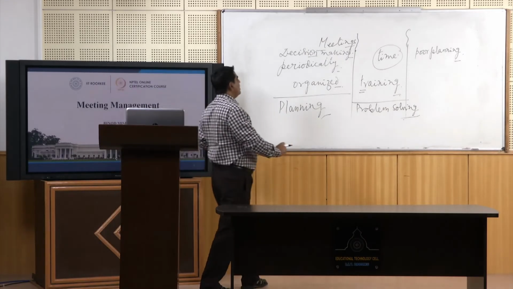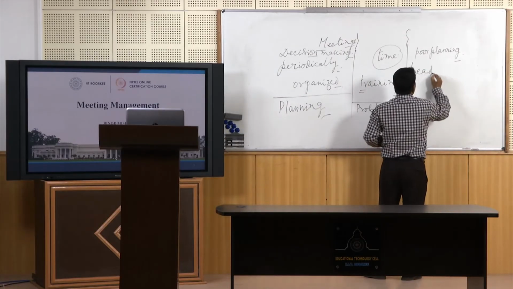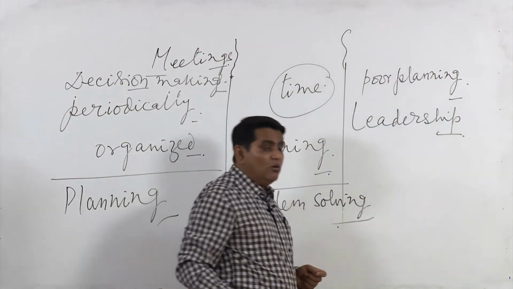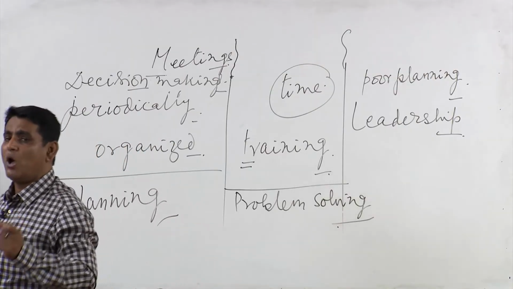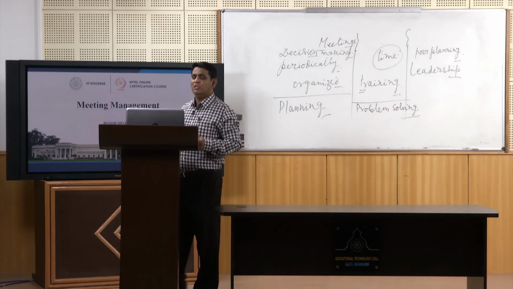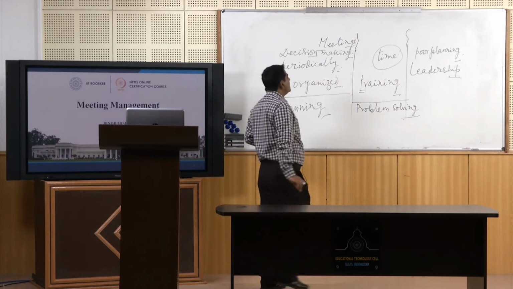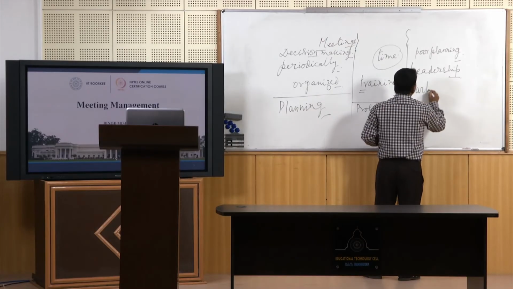Sometimes meetings also fail because of poor leadership. We have talked about the various skills involved in leadership. On several occasions, meetings do not come to a proper decision or implementation because of poor leadership. Even as employees, we also do not at times participate.